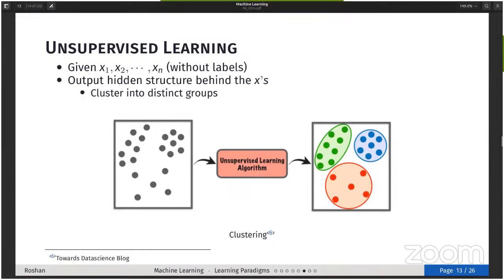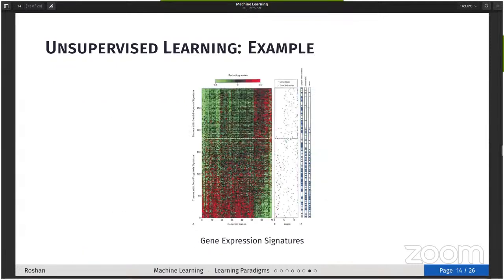It's the clustering case. One more real life example is gene expression signature. There might be too much biology involved here, but the general idea is we look at the genes of different patients and see what is different in them.